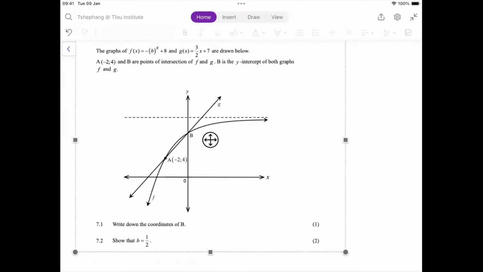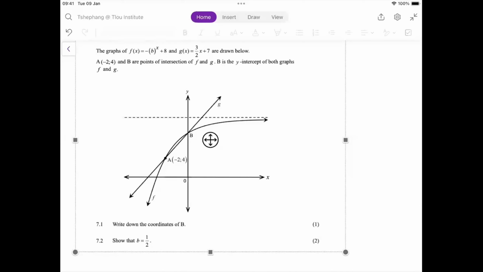You can immediately see that f of x is the exponential function, and g of x is the linear function. A, which has coordinates -2 and 4, and B are points of intersection of f and g. B is the y-intercept of both graphs. Write down the coordinates of B.